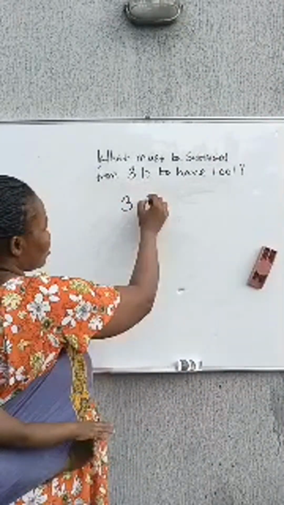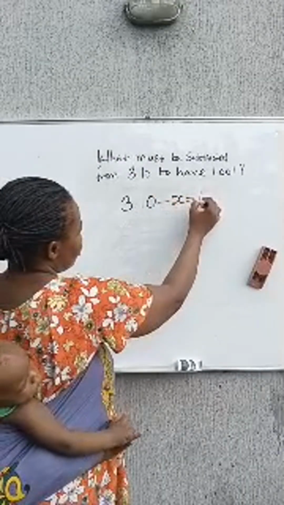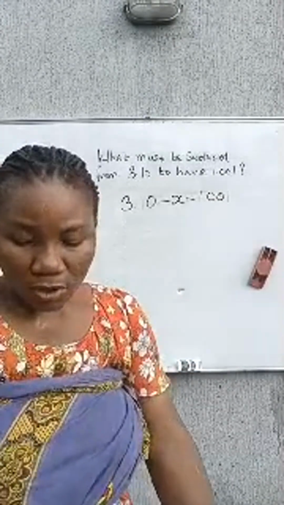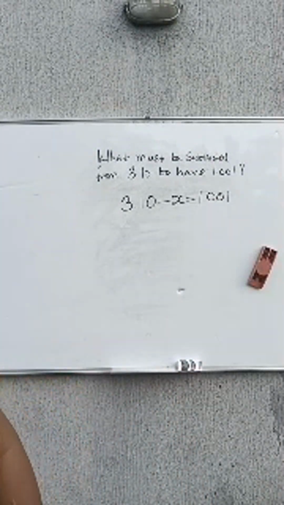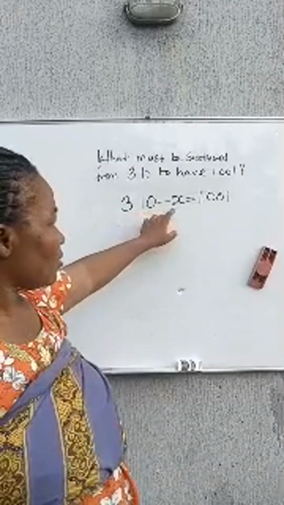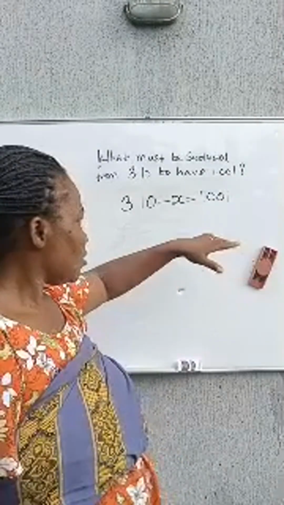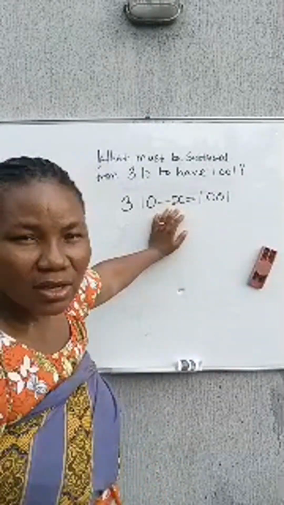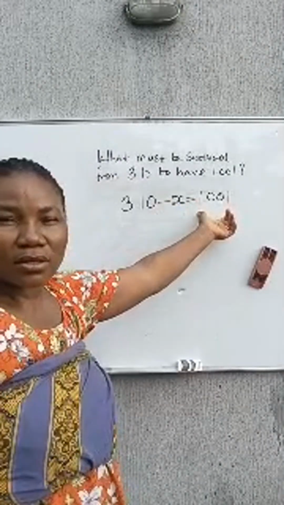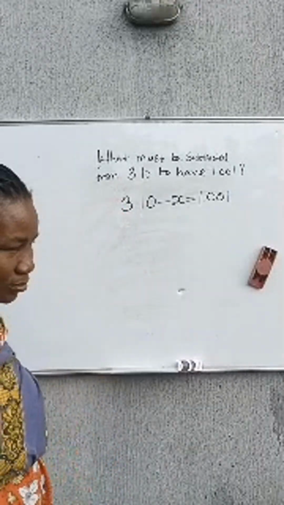So we have 3.10 minus x equal to 1.001. To know the value of x, we need to subtract the result from this.